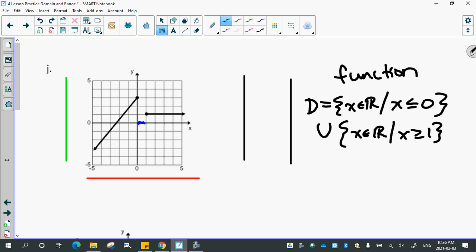Okay? Now, everybody good on that one? So that's a thinker. Because of the gap, we have to use a union. We're always on the graph, until right in between those two. And then there's no corresponding y value to any of those x values in there.